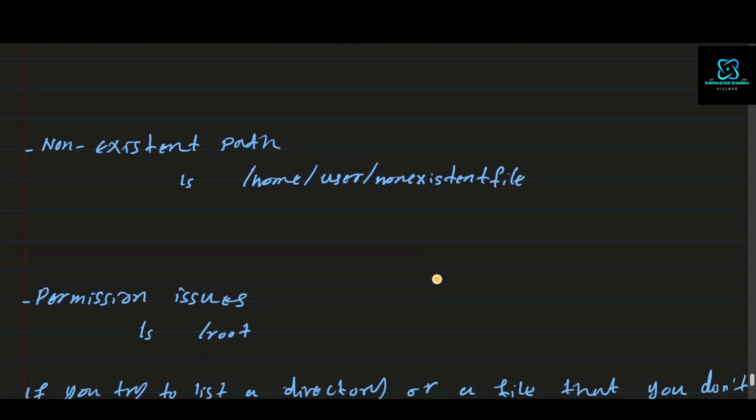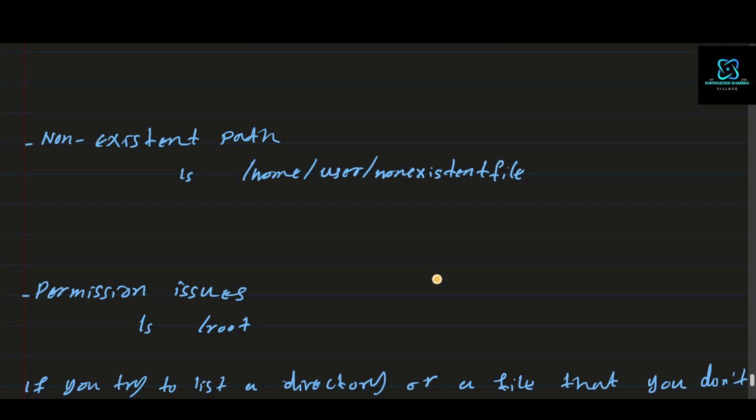In the other scenario, if you do not have the right permission, for example, we assume that the user who tries to list the content of this directory does not have the necessary permission. Here the output will be a permission denied error, something like that.